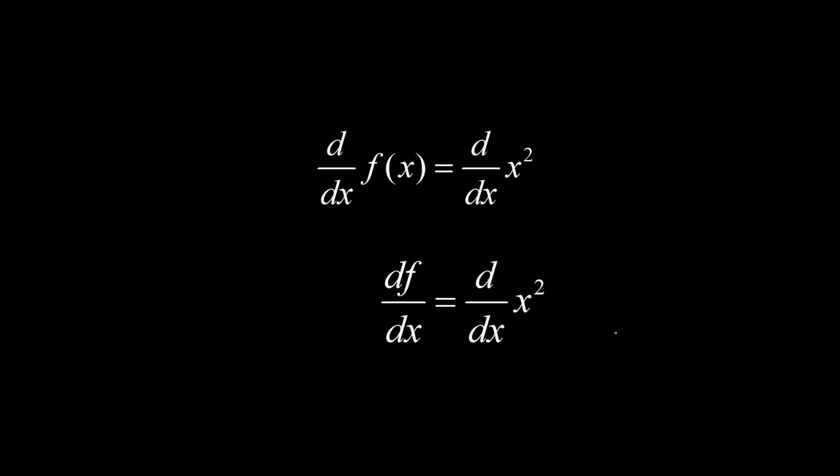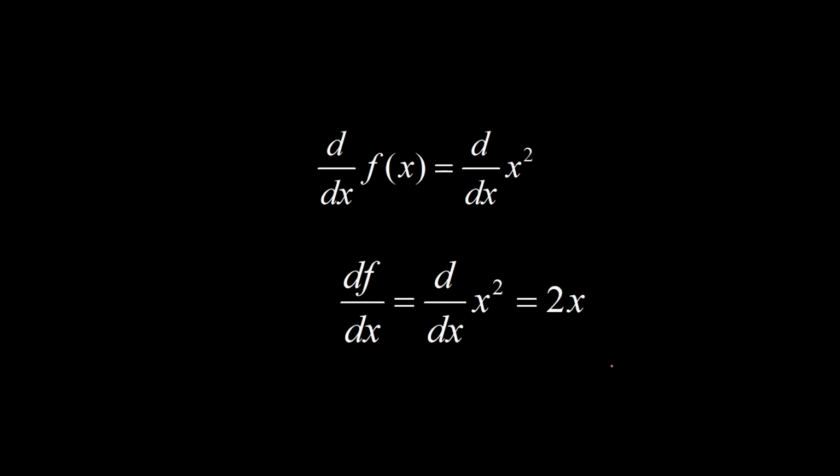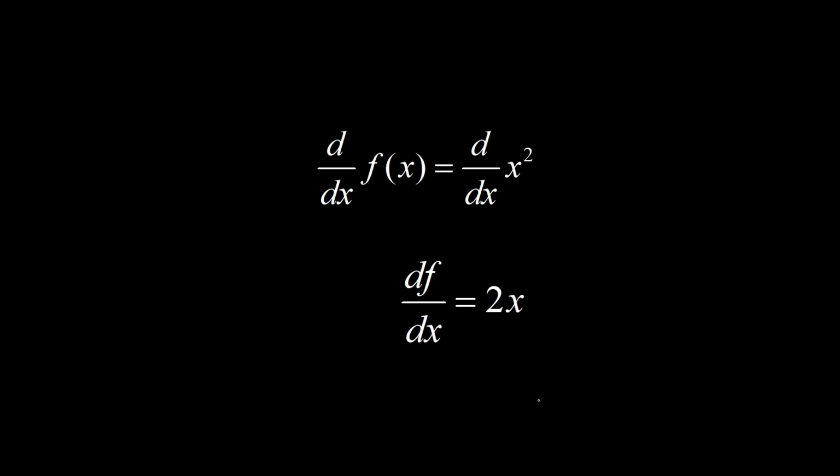And the derivative of x squared is 2x. And so then we have our derivative answer. And so just take a moment and look at how the operator notation transforms into the symbol for the derivative. And on the right side, you carry out the command and you do the derivative.